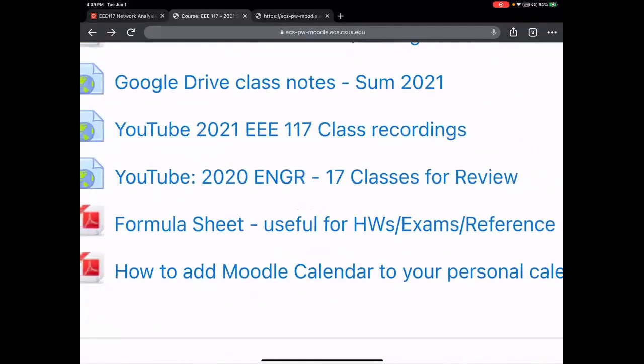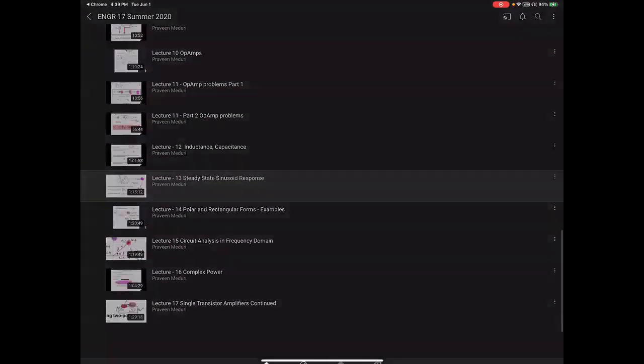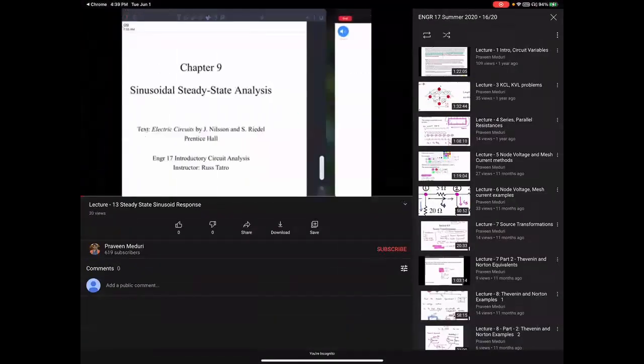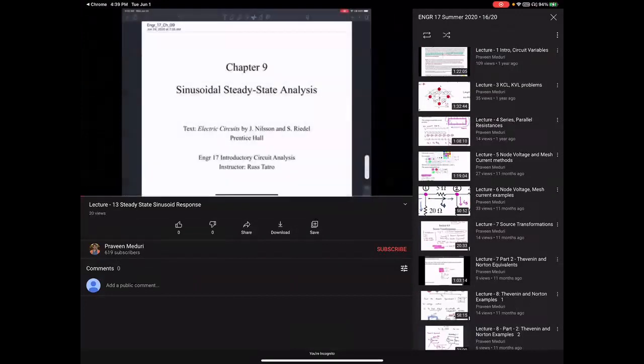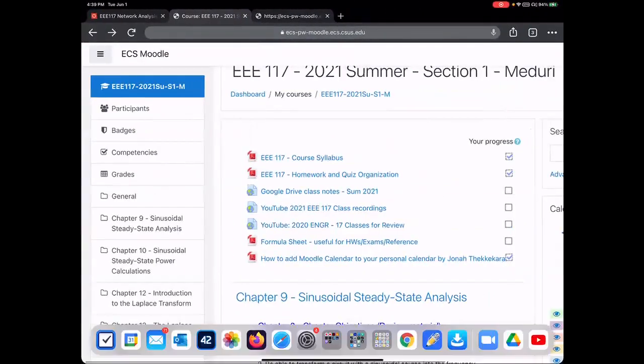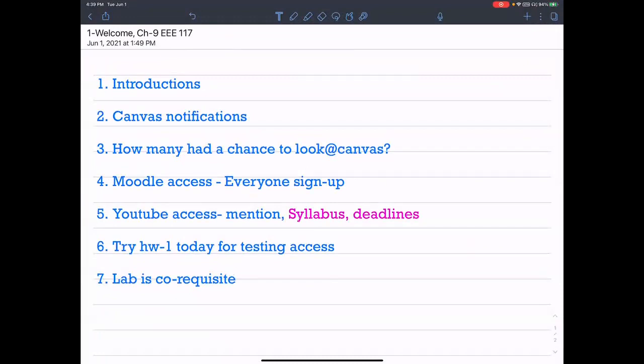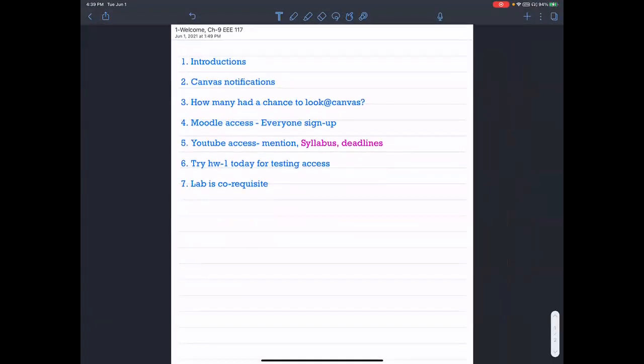You should be able to find your way to chapter 9, which is sinusoidal steady state analysis. What I'm going to do in this lecture is keep it short and give you a summary, because this is something you should have picked up from Engineering 17 as well.